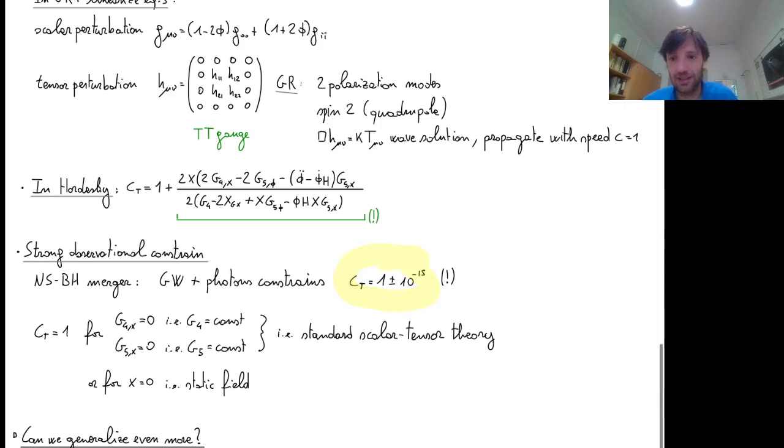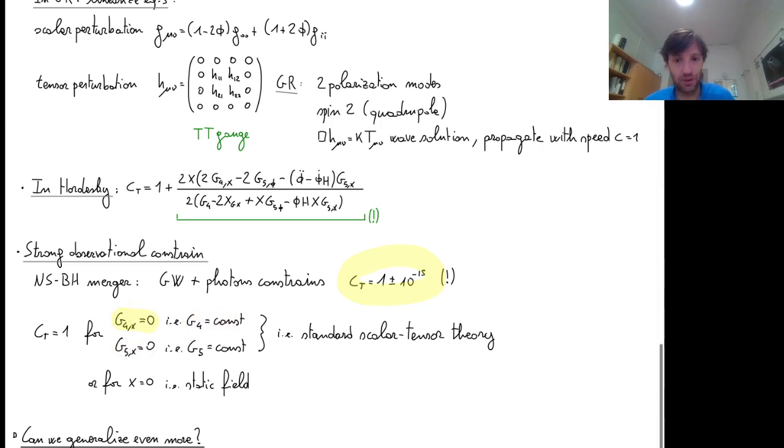So you see that if we are dealing with such a theory, we need terms such that G4 and G5 satisfy this constraint. Meaning this term should be equal to 0. And this one, up to this one, so the 1 should be there. So you understand that for this term to be equal to 0, these two conditions must be met.